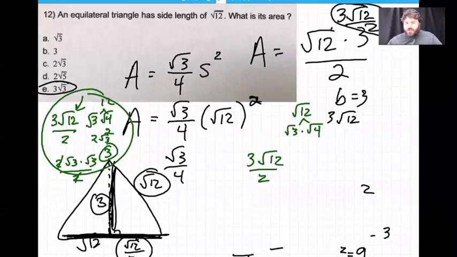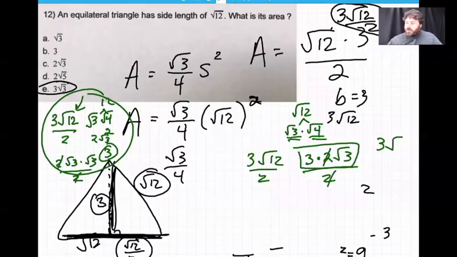And root 4 is just 2. So instead of root 12, it's going to be 3 times 2 root 3. Then we divide that by 2. So the 2's do cancel, and they leave us with 3 root 3. All right, I kind of went through that fast, and I think I made a little mistake, and I just brushed over it, but I want to make sure you see that in case you really want to know how that works. Okay?